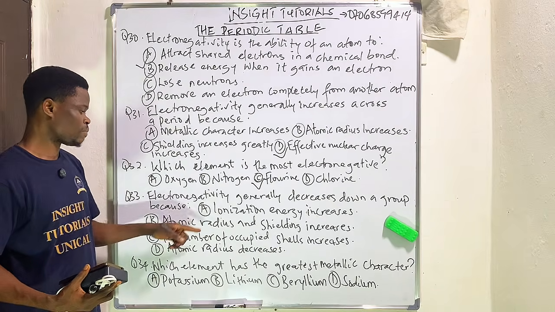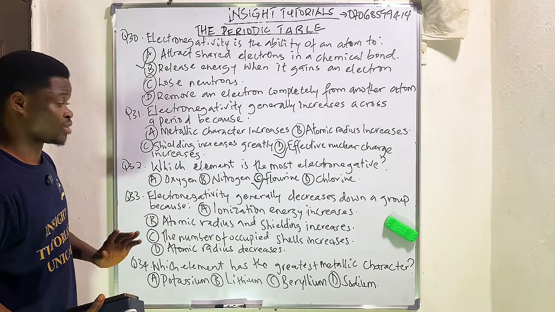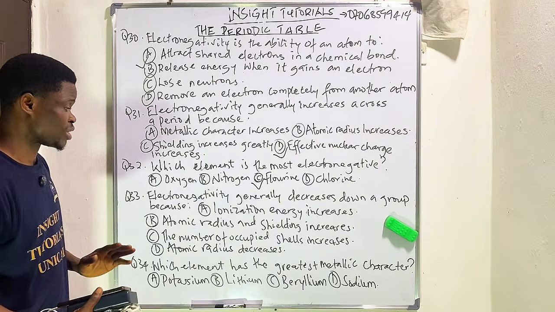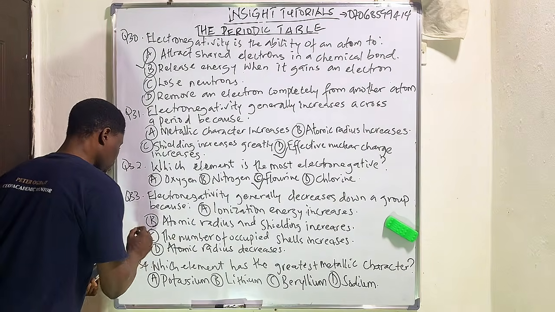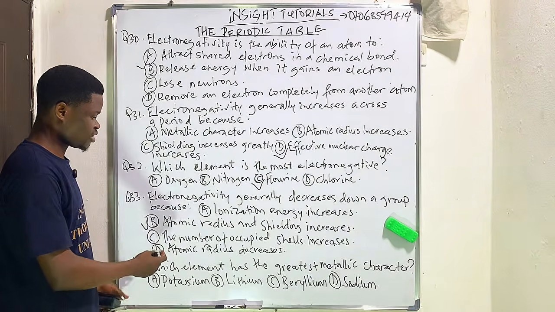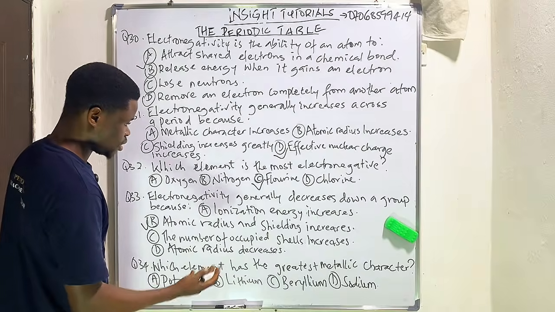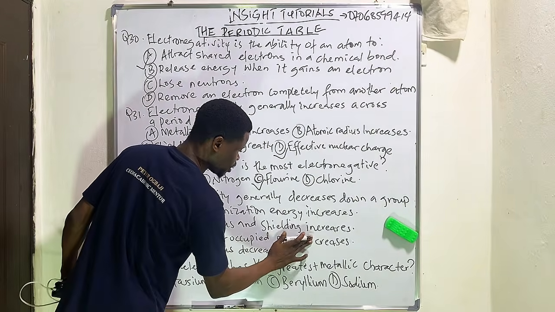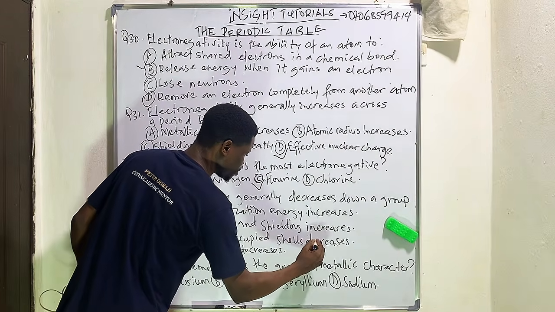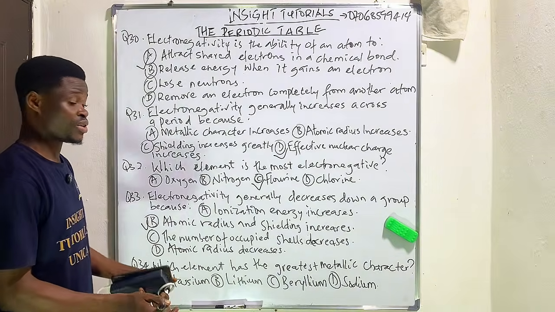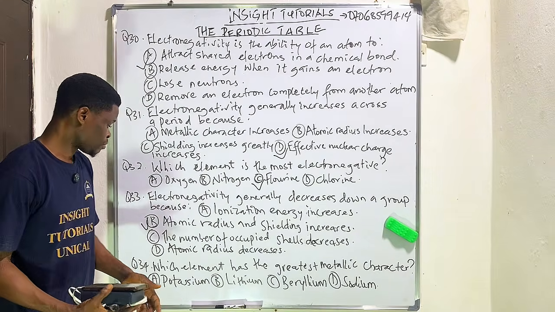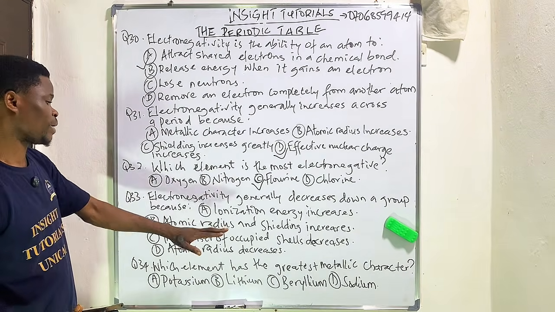Before that, option B is actually a correct answer, but let me take the others first. C says the number of occupied shells increases. Sorry, the correct word is decreases, not increases, please. My bad. C says the number of occupied shells decreases.